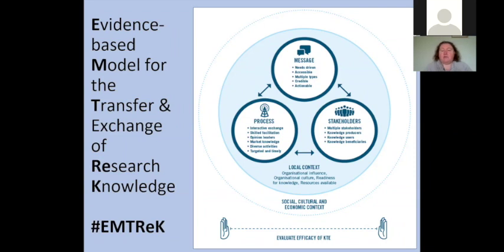In terms of the process, not surprisingly, you have to be very interactive in your approach to effective knowledge transfer. It can't be passive or one-directional. It does take skills. We looked at this idea of marketing knowledge about, again, not being passive, but actually almost selling, convincing the audience of the message.